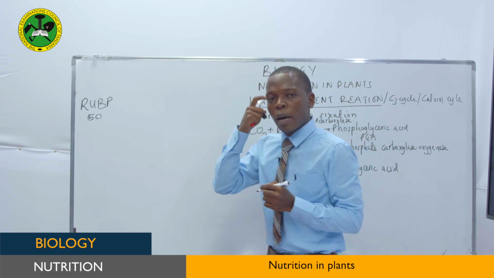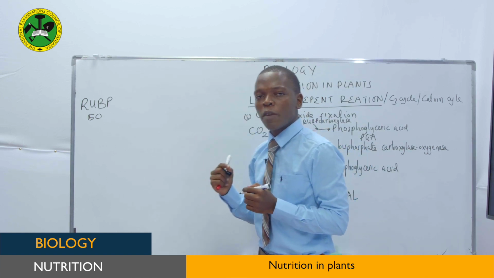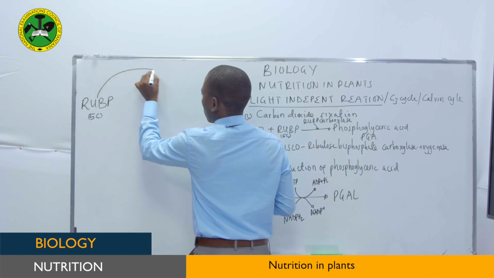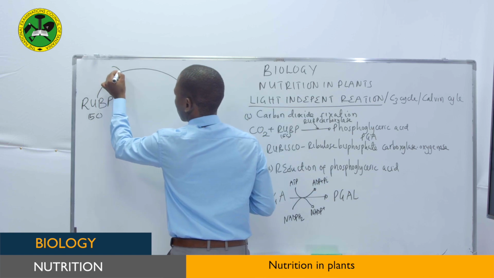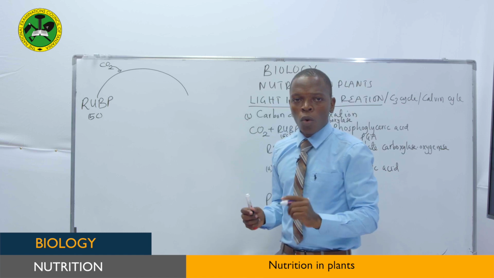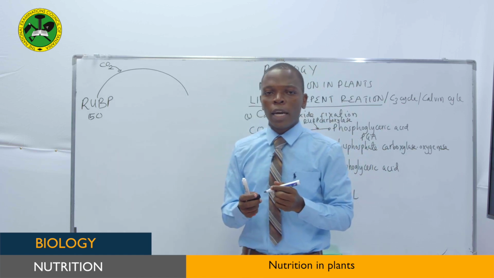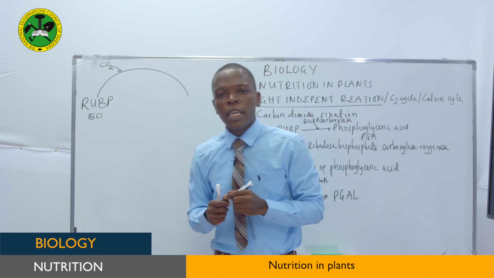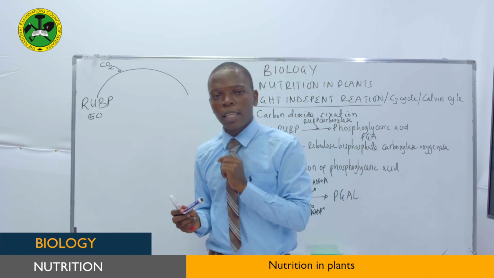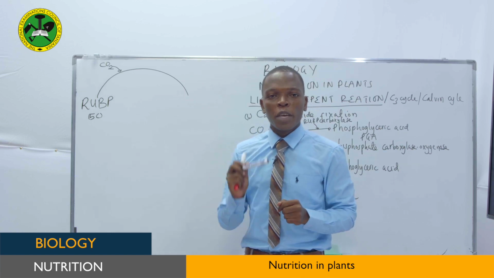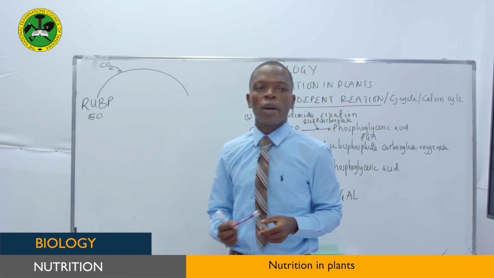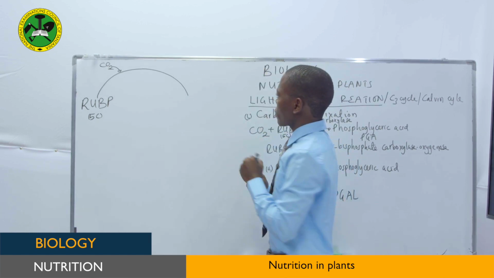When this 5-carbon compound accepts carbon dioxide from the atmosphere, it forms a 6-carbon compound. This 6-carbon compound is unstable, therefore it immediately breaks to form 2 molecules of phosphoglyceric acid.